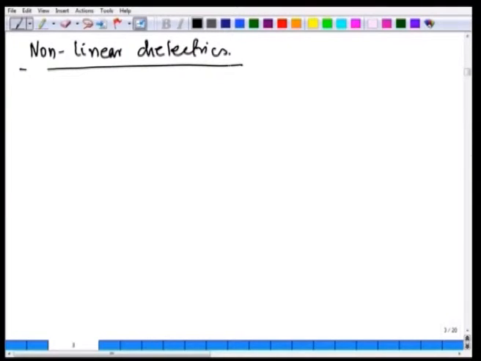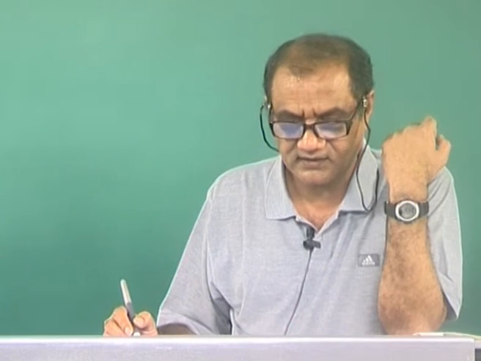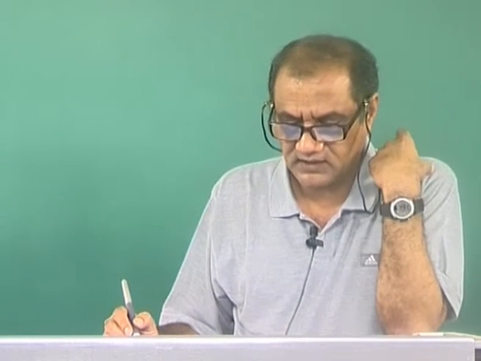Remember, one example yesterday we took was BaTiO3, barium titanate. We will use this as an example of a non-linear dielectric, and remember I had shown the dielectric constant of this material as something like 3000, a very high dielectric constant material, and I said this is a non-linear dielectric.